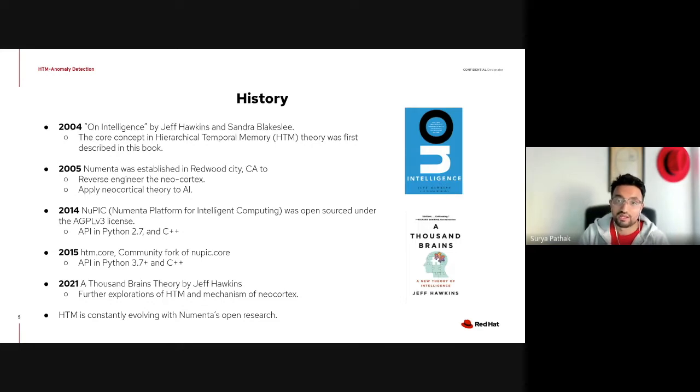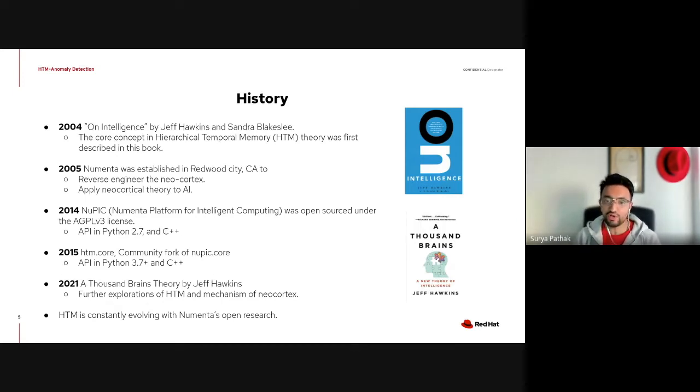In 2005, he formed a research lab which works on the reverse engineering of the neocortex. He wanted to understand the working mechanism of the neocortex so that he can apply it to a technology framework.